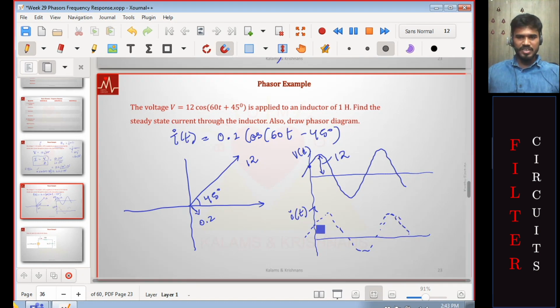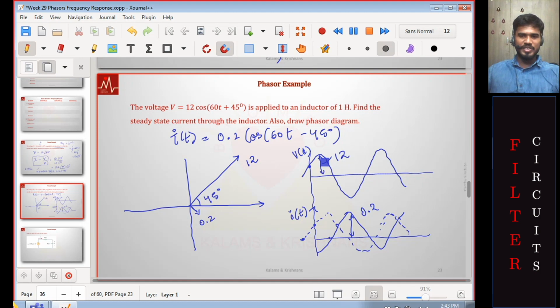With respect to that, current is shifted by 90 degrees. So this curve, instead of starting here, is actually starting here. This is our i of t, and this peak is 0.2, some sinusoidal function of time.